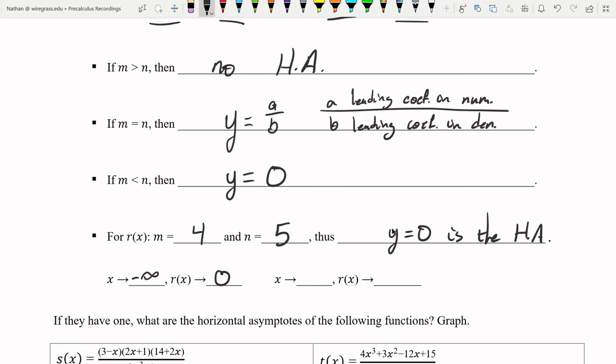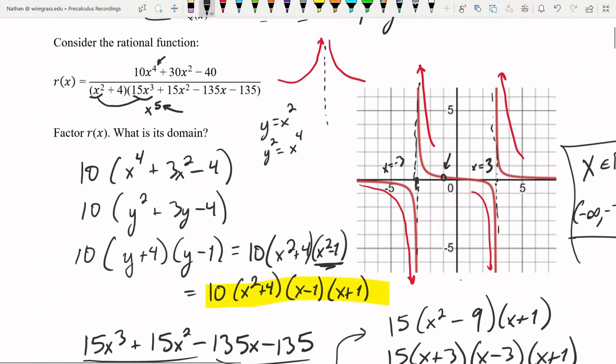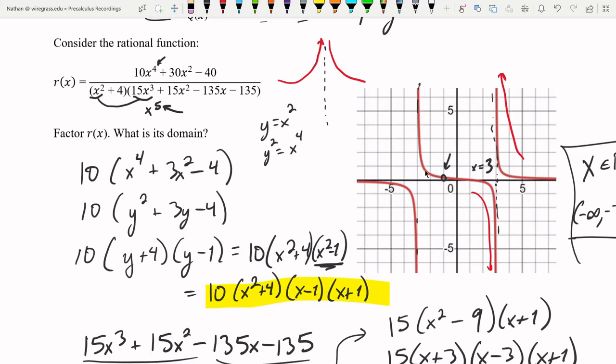The 0 is the horizontal asymptote. That means it goes there as you go way out in the positive and negative direction. As x goes to positive infinity, R of x goes to 0 as well. That's what that means. So in our graph, this is R of x here. Let me clean it up a little bit. And you can see as x goes to positive and negative infinity, as x goes this way, as x goes this way, the function gets closer and closer to 0.